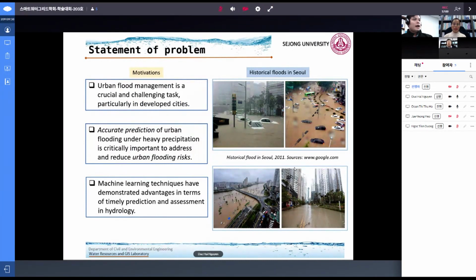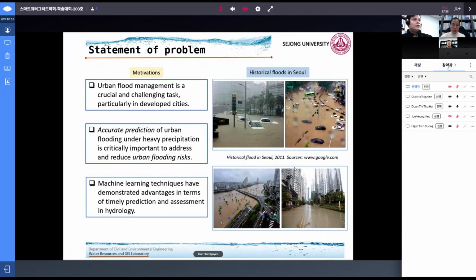As we can see in a previous event in Seoul City, I share some pictures from the historical flood in Seoul in 2011. We can see the damage and the inundation in this city, so accurate prediction of urban flooding under heavy precipitation is critically important to address and reduce urban flood risk.